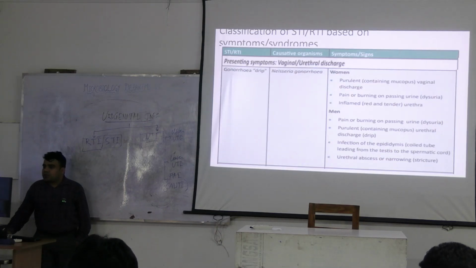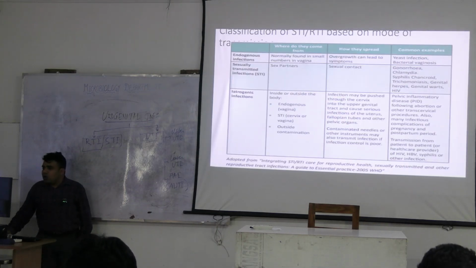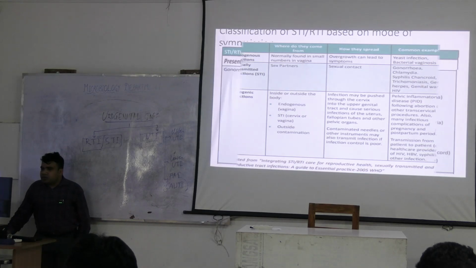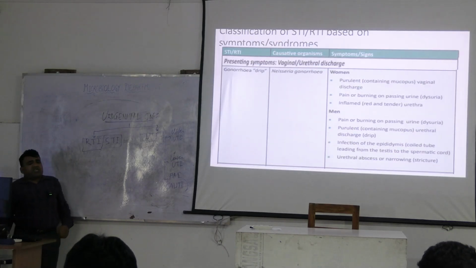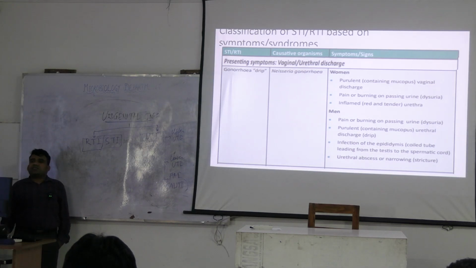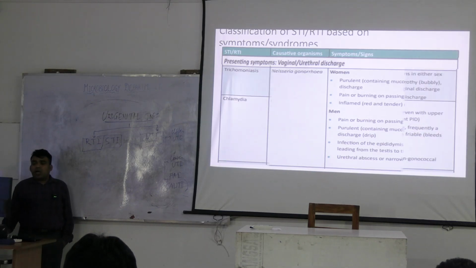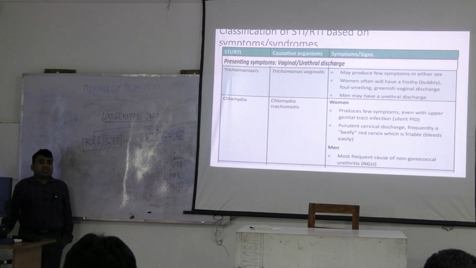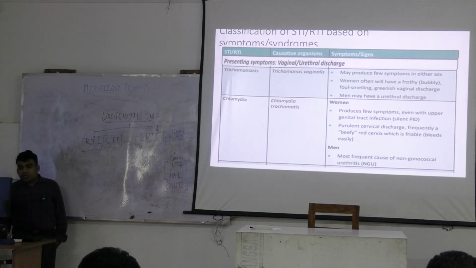Now let us look at the common etiological agents. First is vaginal or urethral discharge. If the patient comes with either of these complaints, what can you suspect? The first suspect is obviously gonorrhea, as the name suggests, that is discharge, or in case of females it could be trichomoniasis, which leads to vaginal discharge, or chlamydia infection.